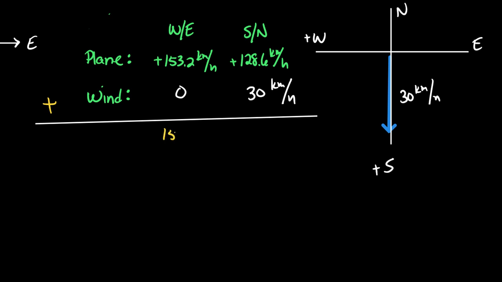So 153.2 in the X hat direction plus 158.6 in the Y hat direction. I'm just using those to make sure you realize you can't add those two numbers together. They represent vectors. I could put 153.2 west, put a W there, and 158.6 south, put an S there.